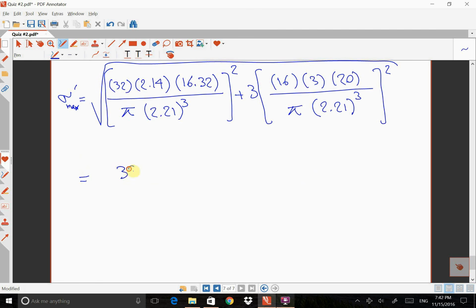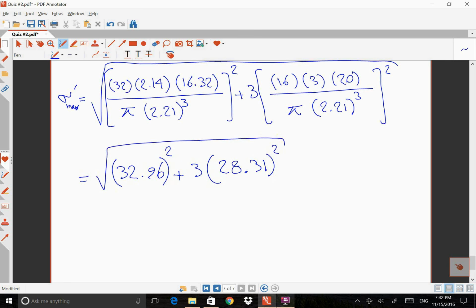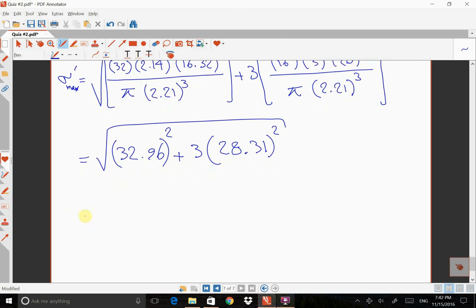That will be 32.96 to the power of 2 plus 3 times 28.31 to the power of 2, and the square root of this. And finally the answer will be 59.08 kpsi.